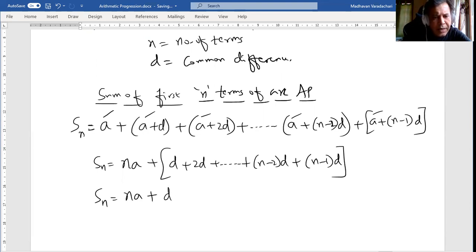I can take D outside, so I can write it as 1 plus 2 and so on plus n minus 2 plus n minus 1.